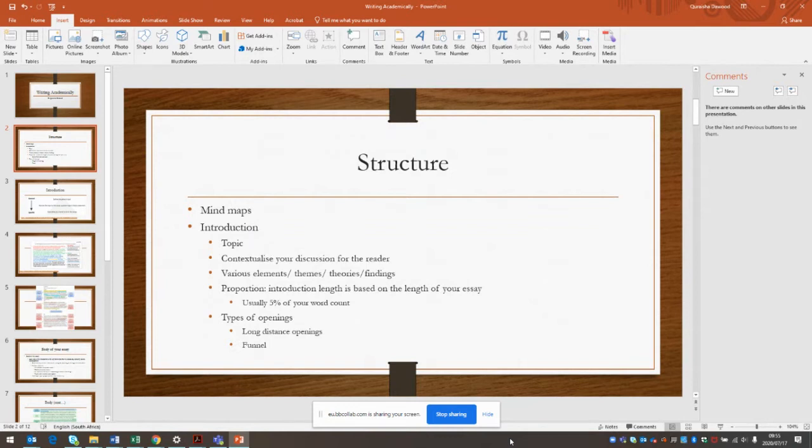For the introduction, you would need to be able to engage with your topic on an academic level. What this means is that hopefully you have done some research around the topic. You have a certain opinion or stance on the topic, and you can engage with the debates around the topic.